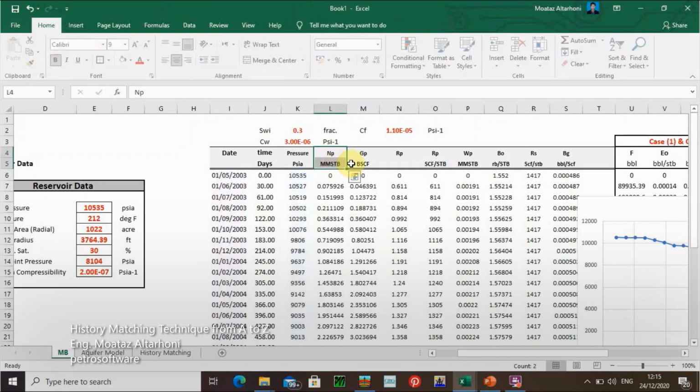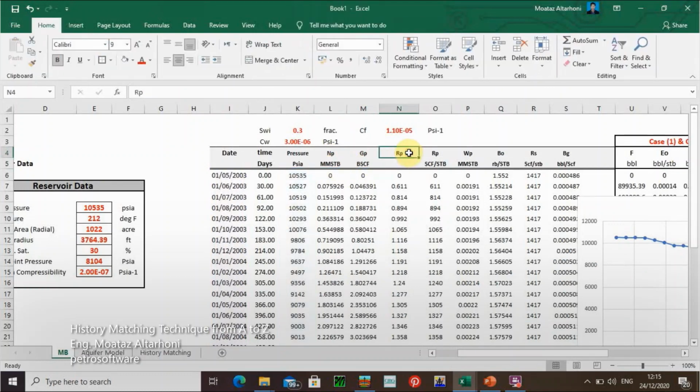Also, we have oil production, gas production, and RB, the produced gas oil ratio. We can use one of them, gas oil ratio or production. RB is gas production divided by oil production. We know above bubble point it must be equal to Rs.